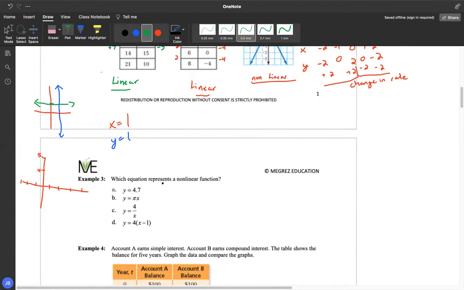So if we're looking at this one, y equals 4.7, 4.7 is about here. So it'd just be a line. So if I told you x was 1,000,000, what would y be? 4.7. What if x was 1,000,001? 4.7.